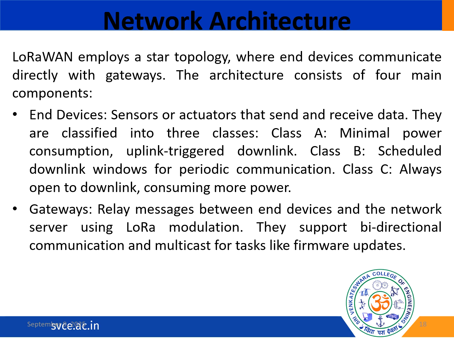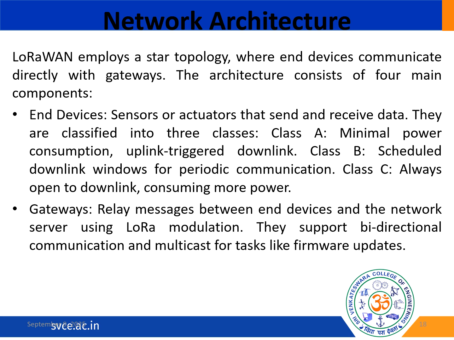Moving on to class B, it has scheduled receive windows for periodic downlink communication, which is suitable for applications needing regular updates. Moving on to class C, it has a continuously open receive window. Here it enables immediate downlink, but consumes more power. Class C is mainly used for mains powered devices requiring real-time control.